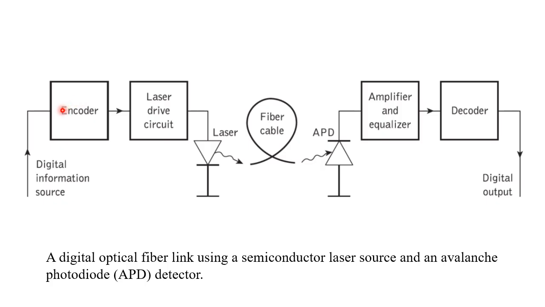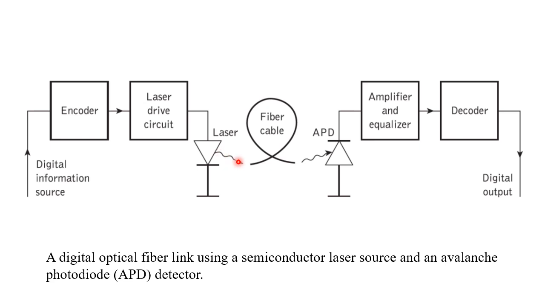Okay, the encoded data will be given to the laser driver circuit, right? So laser driver circuit will change the information, which is compatible to the laser. And the laser will convert this electrical signal into the equivalent optical signal.